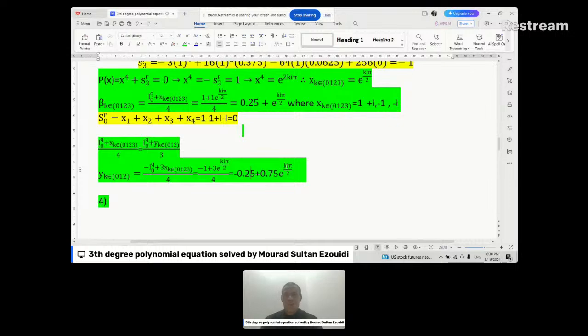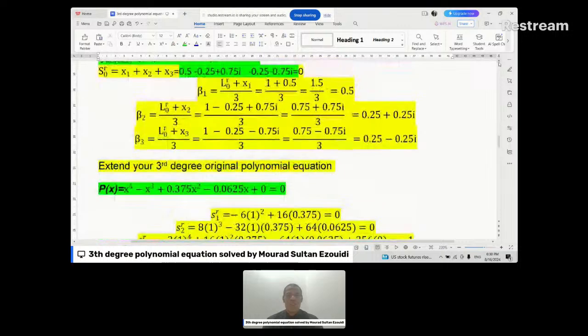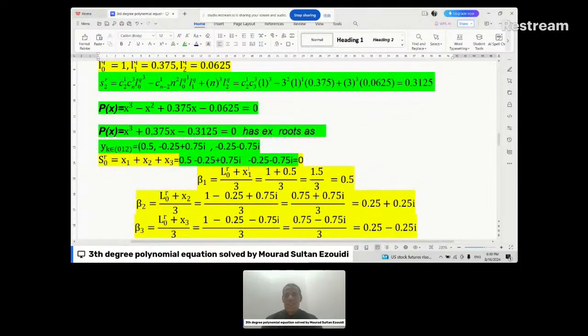Now, just replacing, learners, we obtain the roots of your new third degree equation: 0.5, then negative 0.25 plus 0.75i, and negative 0.25 minus 0.75i. Now we solve this equation. Learners, I'm giving you this method because I'm preparing to demonstrate that the method of Cardan can't be applied to all third degree polynomial equations.